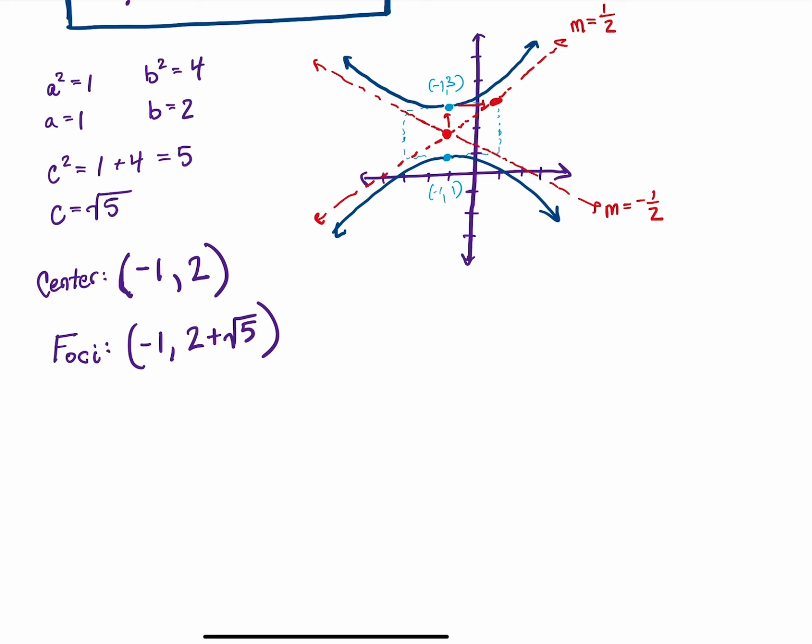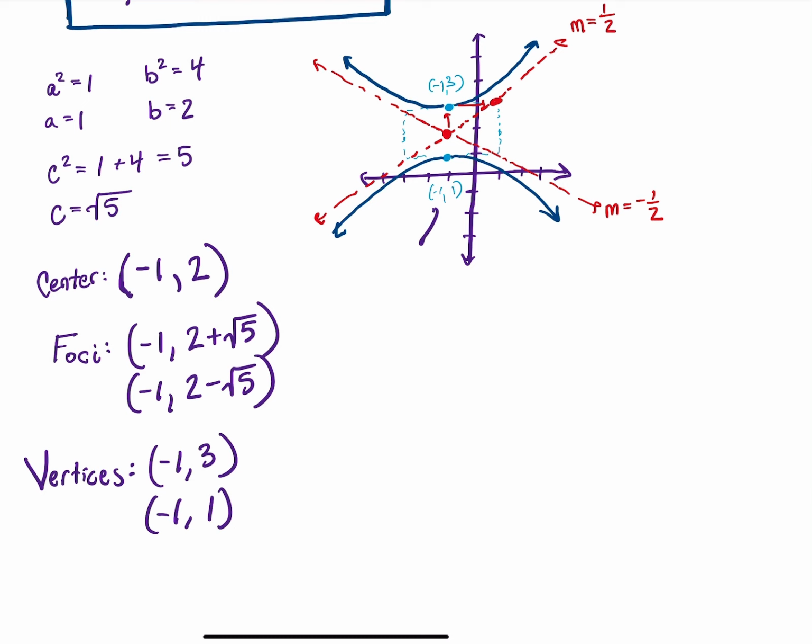And then our second should be negative 1, comma 2 minus the square root of 5. Then our vertices, and we have them labeled there, we can view as a distance of 1 unit above and below the center point. So negative 1, 2 plus 1 gives us our 3, negative 1, 3. And negative 1, subtracting 1 will give us negative 1, positive 1, which was our second point here.